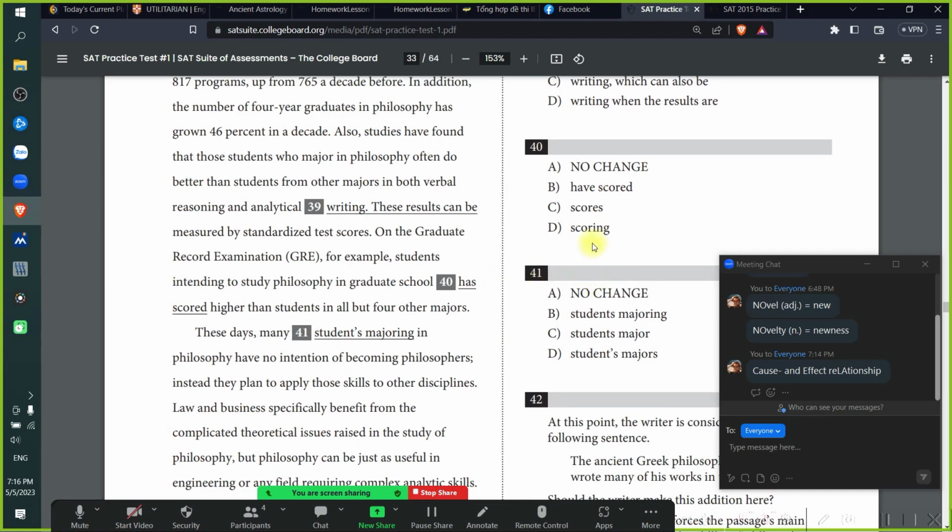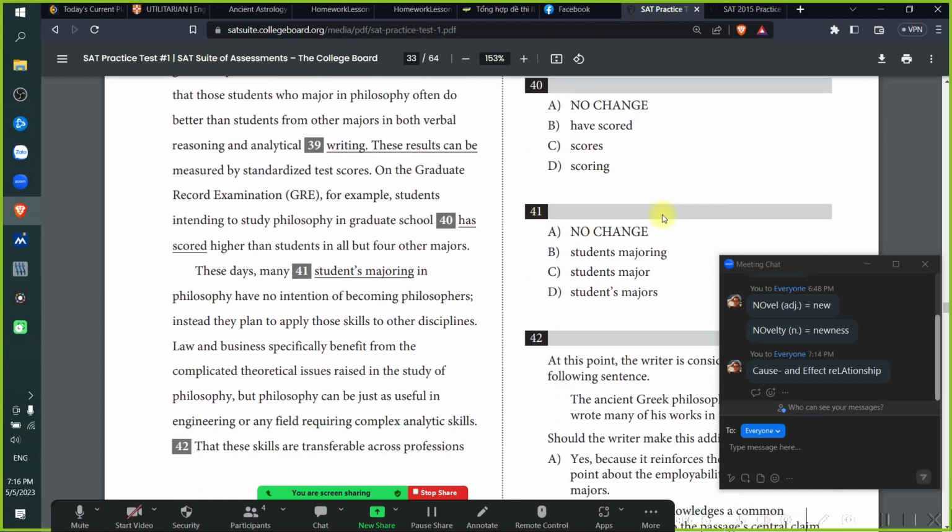40. B. Many students majors. 40, sorry. 40.